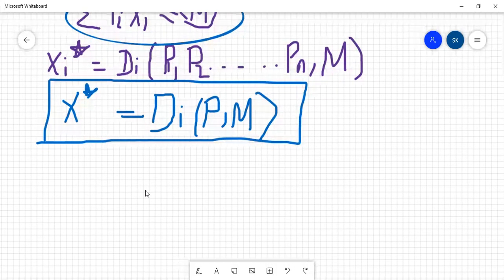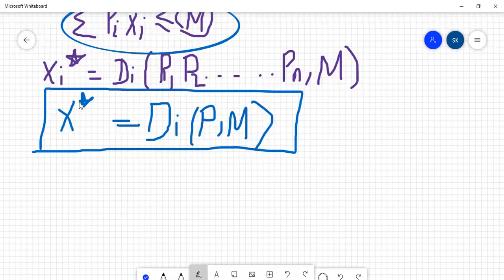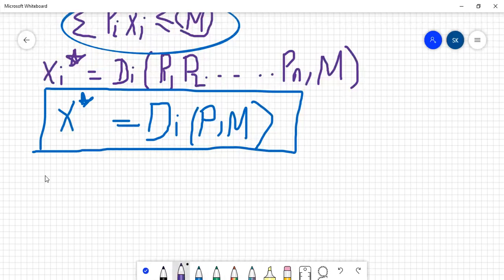So now the maximized value of u(x1, x2 till xn): earlier we took the utility function where the goods were consumed by the consumer. Now the maximized value of utility will be u(x1 star, x2 star, and so on till xn star).